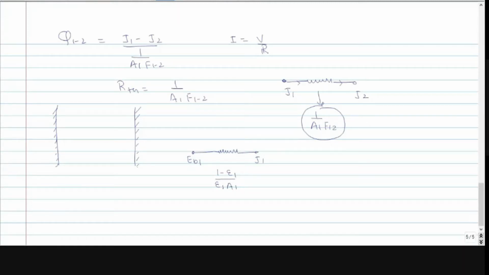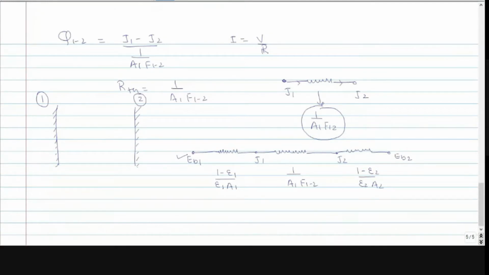Then J1 again transfers heat to J2, and this resistance is A1 into F12. From J2, again there is a surface resistance for surface number 2, and it becomes EB2. So here it becomes 1 minus E2 upon E2 into A2. In that way we are able to calculate the heat exchange from 1 to 2.